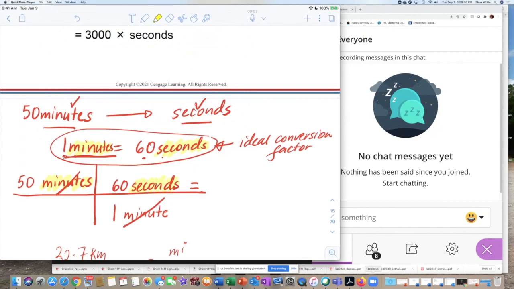So what they mean by the units and the numbers being multiplied is that I can cancel out just the unit part without affecting the number. So you see here, what I'm left with is 50 times 60, and this should be in seconds. When you multiply it out, the two zeros add up, and we get 3000 seconds. And this should be our answer right here.